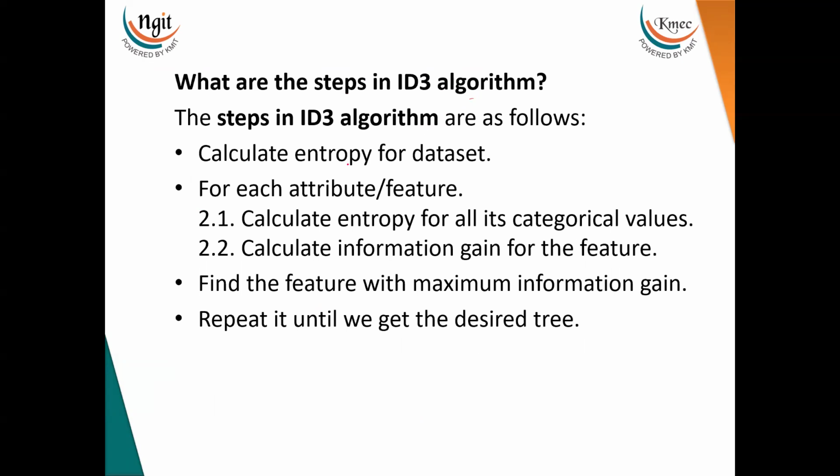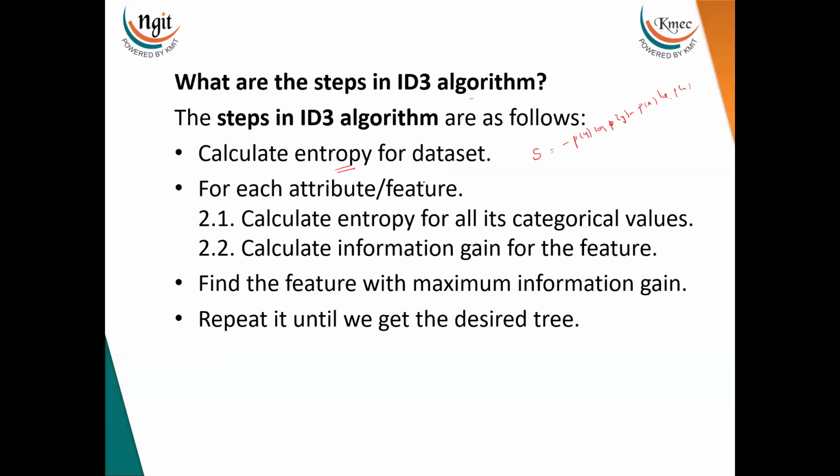The very first step in the ID3 algorithm is to calculate the entropy of the data set, which is minus P(yes) log base 2 P(yes) minus P(no) log base 2 P(no). So this is the very first step: calculate entropy for the data set.